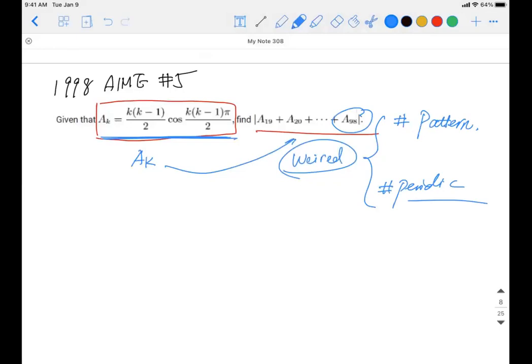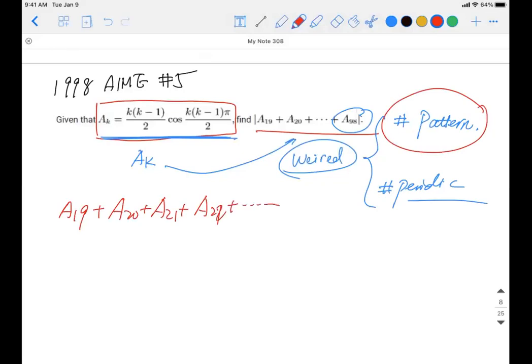Okay, so let's have some quick observation to see how we're going to do that. If we want to go the pattern way, do you still remember what you have to do? You have to write out A19, A20, A21, A22, and so on and so forth. You try to figure out the values, and hopefully you find a pattern.